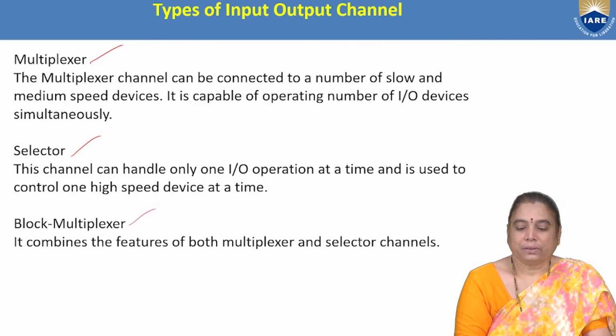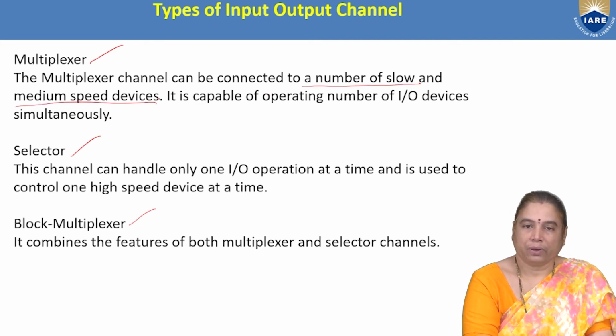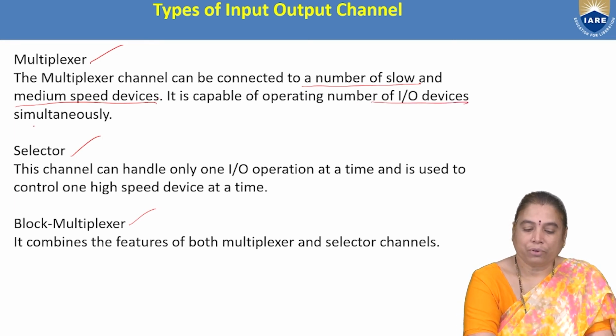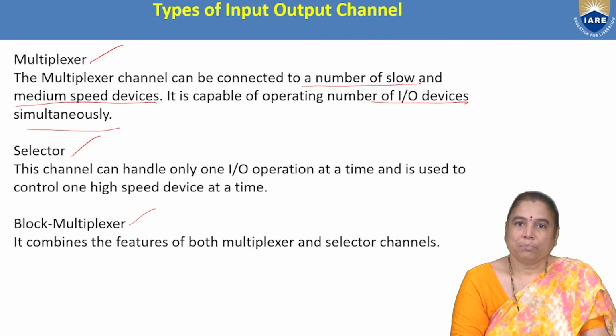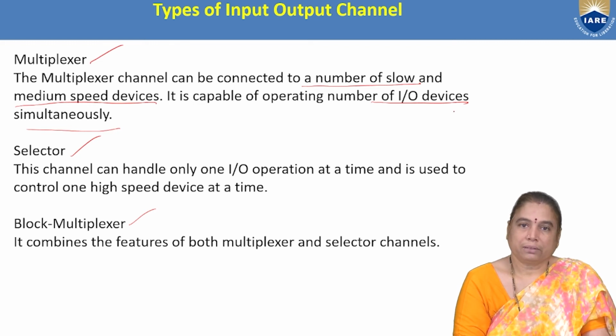A multiplexer channel can be used to connect a number of slow and medium speed devices. It is capable of operating a number of I/O devices simultaneously, holding, controlling and monitoring slow and medium speed input-output devices.